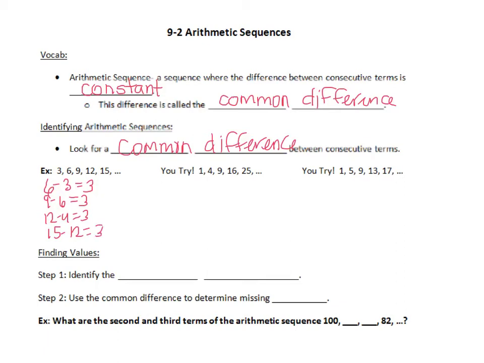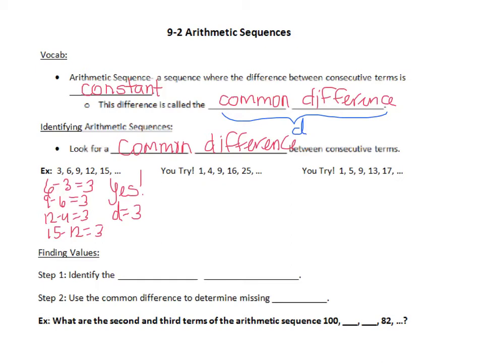So we see that our difference is constant, therefore yes, this is an arithmetic sequence, and our common difference here, our D, is going to be 3. I should have mentioned above that the variable we can use to represent the common difference is D.